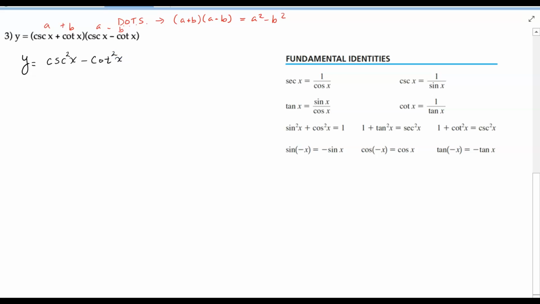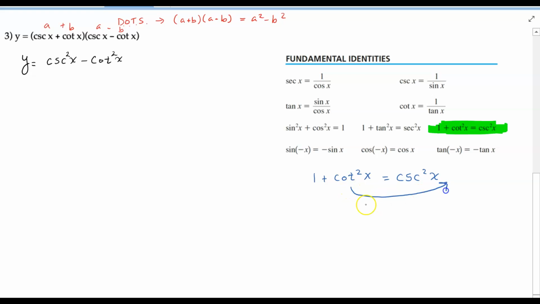Now we're going to use the fundamental identities that involve cosecant squared or cotangent squared, and I actually see it right here, this one right there. And with a little bit of manipulation of it, let's write that out underneath here. If I take 1 plus the cotangent squared of x and set it equal to the cosecant squared of x, that's the identity.